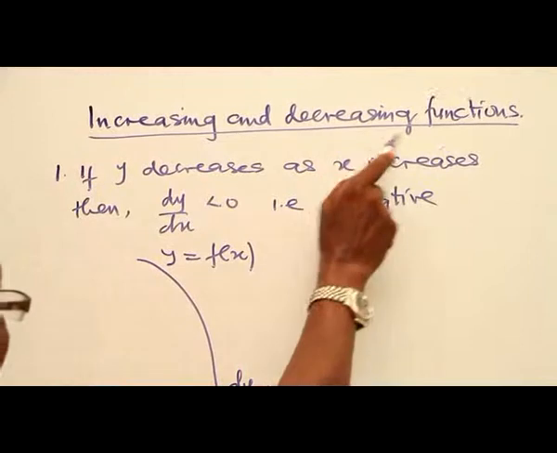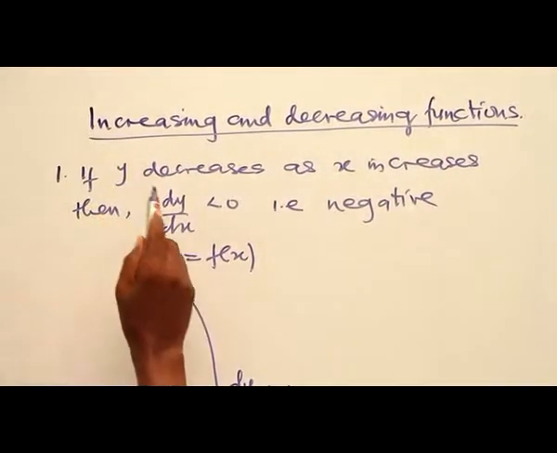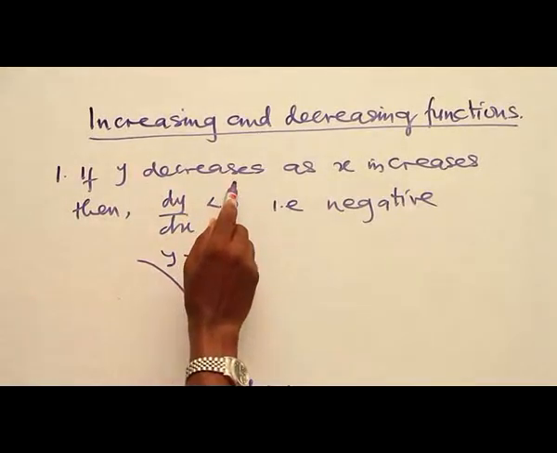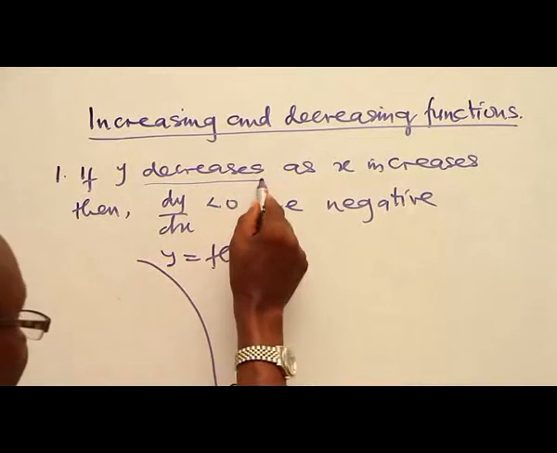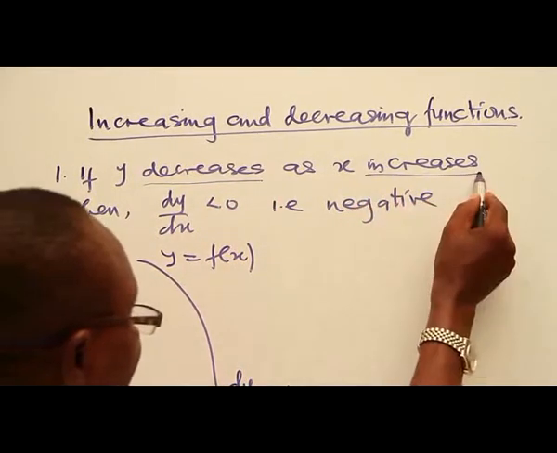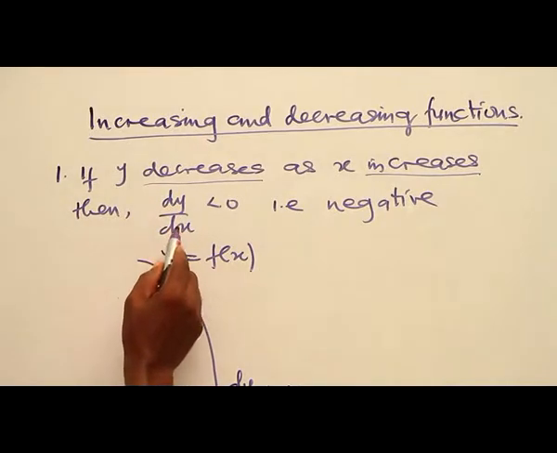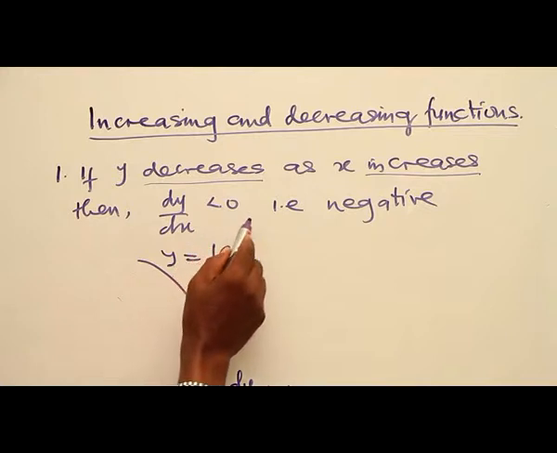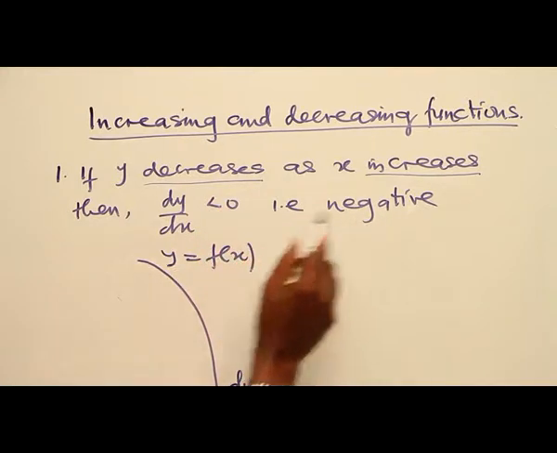Increasing and decreasing functions. Number one, if y decreases as s increases, then dy over ds, which is the derivative of that function, will be less than 0. Anything less than 0 is considered negative.